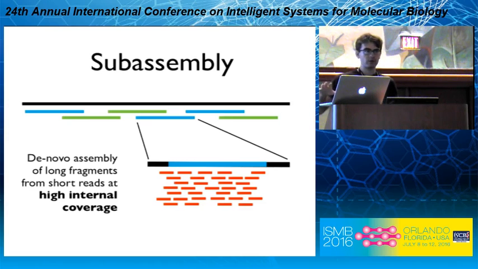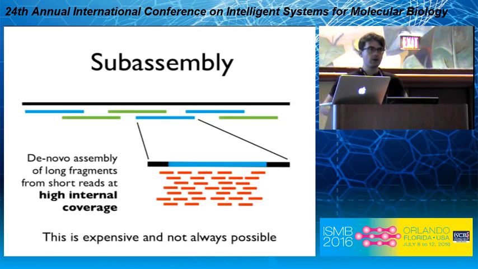Often these library preparation protocols introduce bias, and this coverage has to be made very large, something on the order of 40 to 50x, in order for subassembly to work. So this may be prohibitive for certain applications, such as metagenomics, for example, where we want to probe very low abundance bacteria. In fact, with some technologies, achieving this high level of coverage is not even possible.